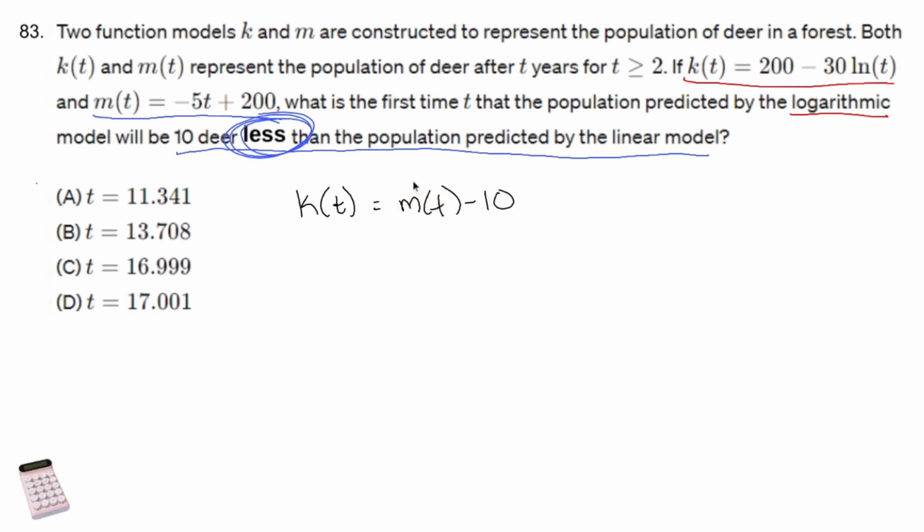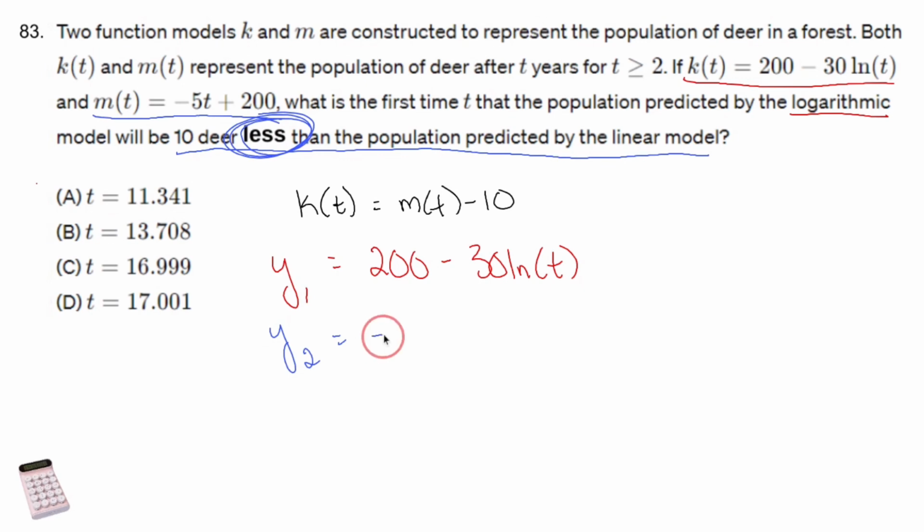Well, this is what I'm going to do. I'm going to run to my calculator, and in my TI-84 Plus, I'm going to type in y sub 1 equals 200 minus 30 ln of t. All right, pretty simple. In my y sub 2, I care about when this is 10 less than that.